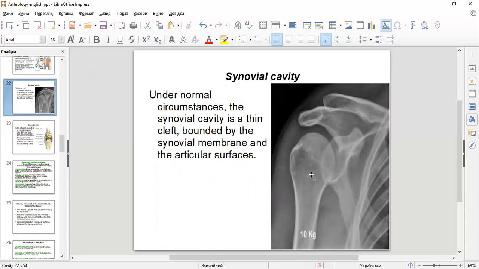Synovial cavity. Under normal circumstances, the synovial cavity is a thin cleft bounded by the synovial membrane and the articular surface.